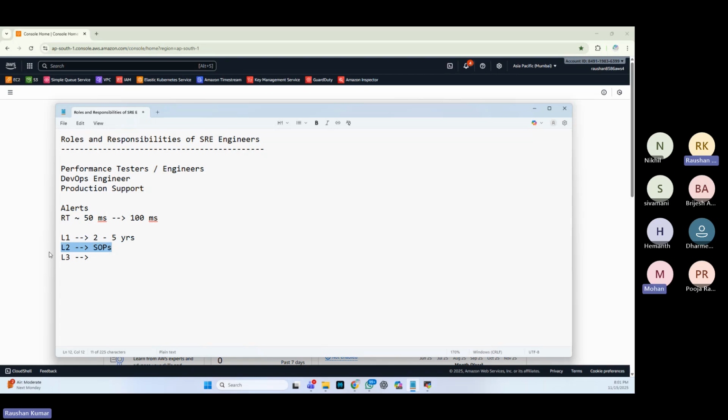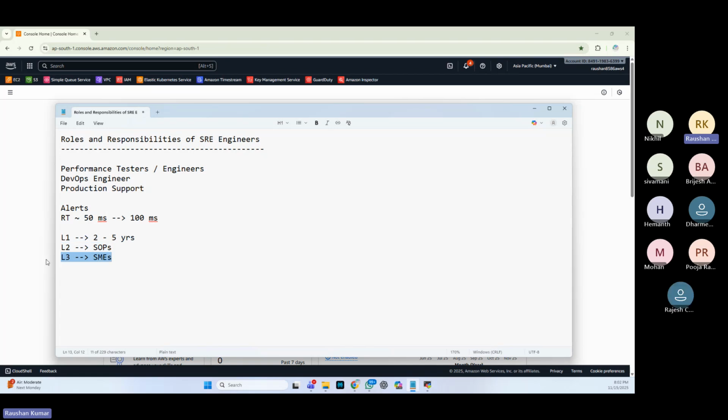They cannot be an expert in the application. The L3 are the developers or the product owners or the experts, subject matter experts, SMEs. And if things are beyond the scope of L2, we need to get in touch with L3. So that's the hierarchy we usually follow in an organization for an SRE. Right.